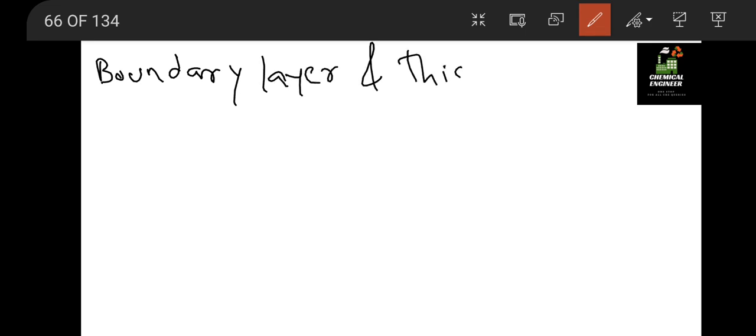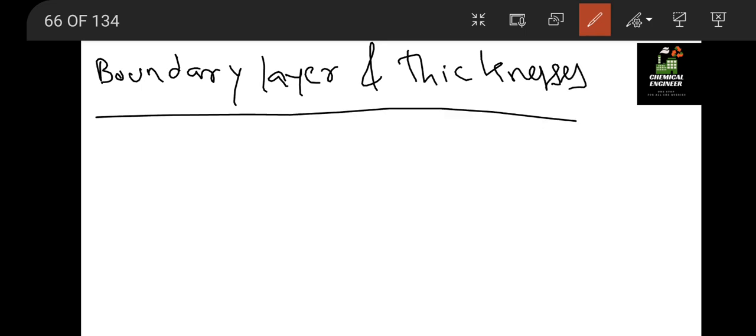Next we will study about boundary layer and thicknesses. Okay, so boundary layer and thicknesses. So we have laminar boundary layers. Okay, different types of boundary layer are there.